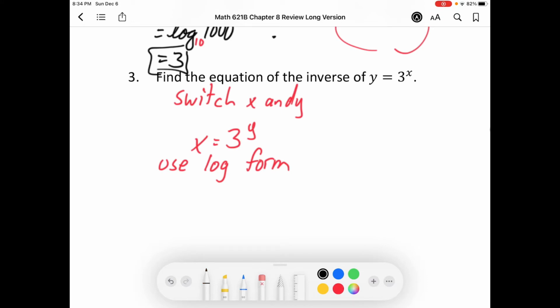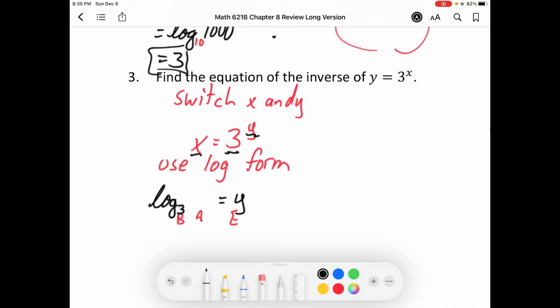So in log form, we go log of base, then the answer from exponential form, and it will equal the exponent from exponential form. Let's see, the base is pretty easy to figure out. It's this 3. So we're talking about log base 3 of, the exponent was y, so let me put that here.